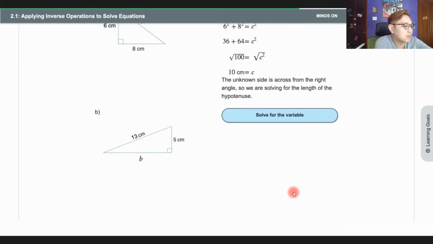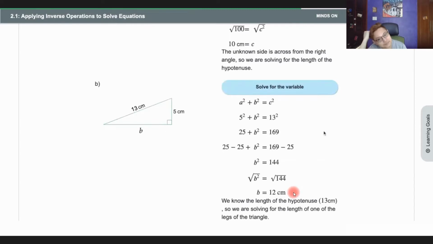The square root of 144 is 12 centimeters. So b is basically 12 centimeters. Yeah, of course it's 12.